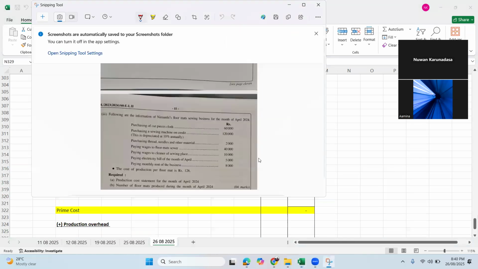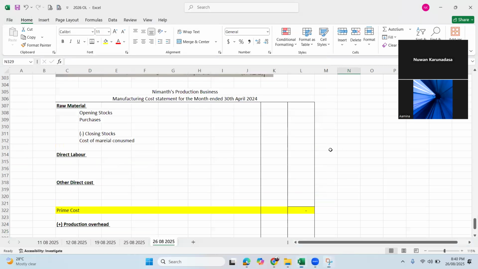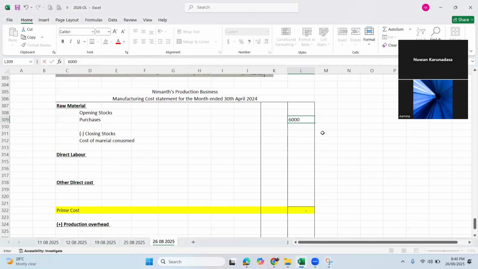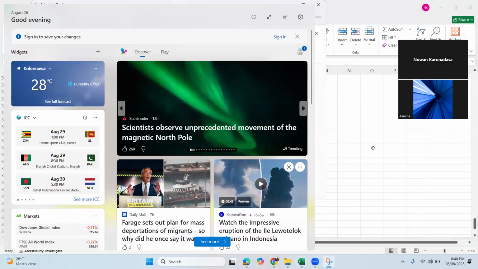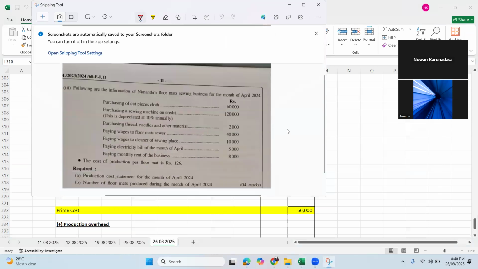Right, we'll take it. Purchase of cut piece cloth, direct material. Purchases here 60,000. Then purchasing sewing machine on credit.